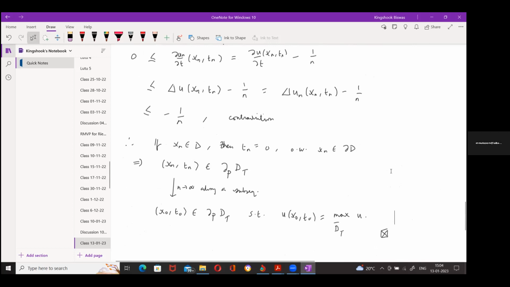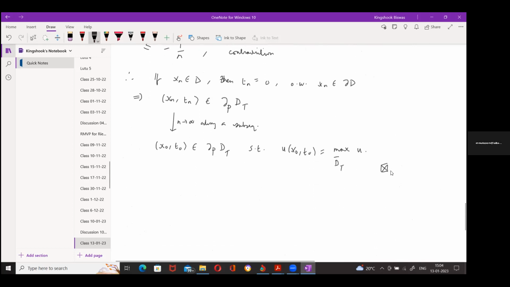Okay, so the parabolic maximum principle implies that for the solution of the heat equation, the sup over D cross 0 to infinity of mod u is less than or equal to the sup norm of f on D closure.